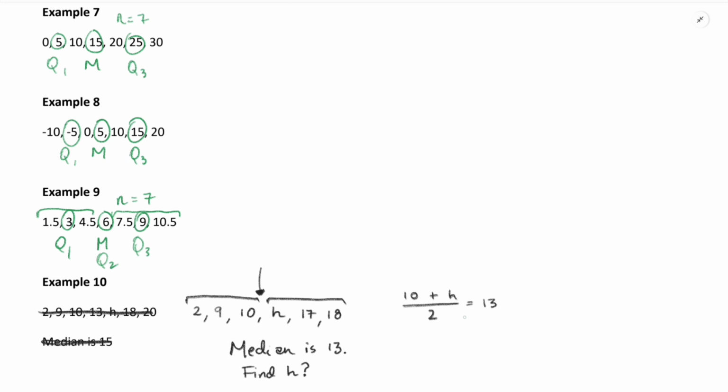So we have to now rearrange to find the unknown, which is h. It's the only unknown in this equation, which is great. So we used a definition, and away we go. 10 plus h equals 26. That's multiplying both sides by 2. And then h is equal to 16 if we take away 10 from both sides. And a quick verification will show that that makes sense.